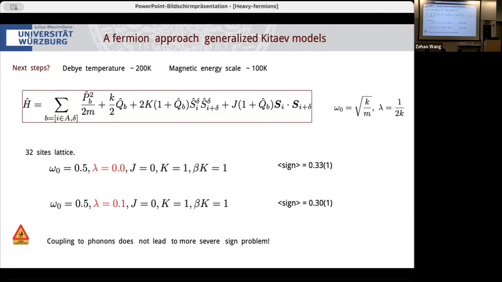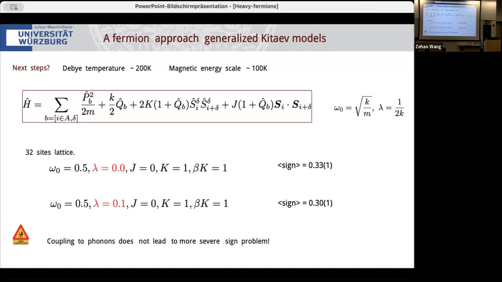But they're there. So the question is, can we include phonons in these ways of doing Monte Carlo for frustrated spin systems? And what will they do to the sign problem? That's our figure of merit. So these are simulations which we can do. But for the moment, we're just playing with models again. So we go back to our Kitaev-Heisenberg model.